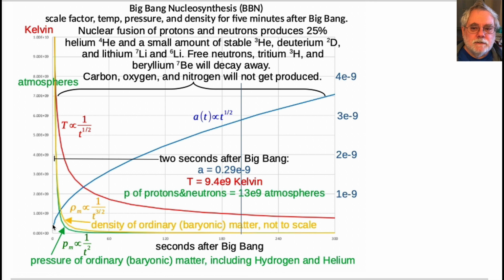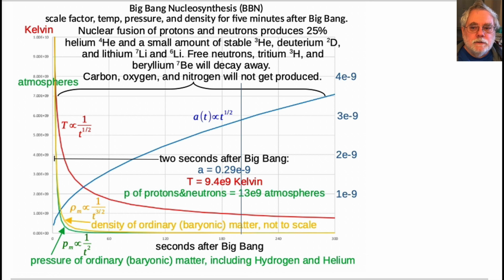From 2 seconds to 300 seconds, a factor of 150, the scale factor increased by a factor of square root of 150, which is 12.25, which I might sometimes say as 12.